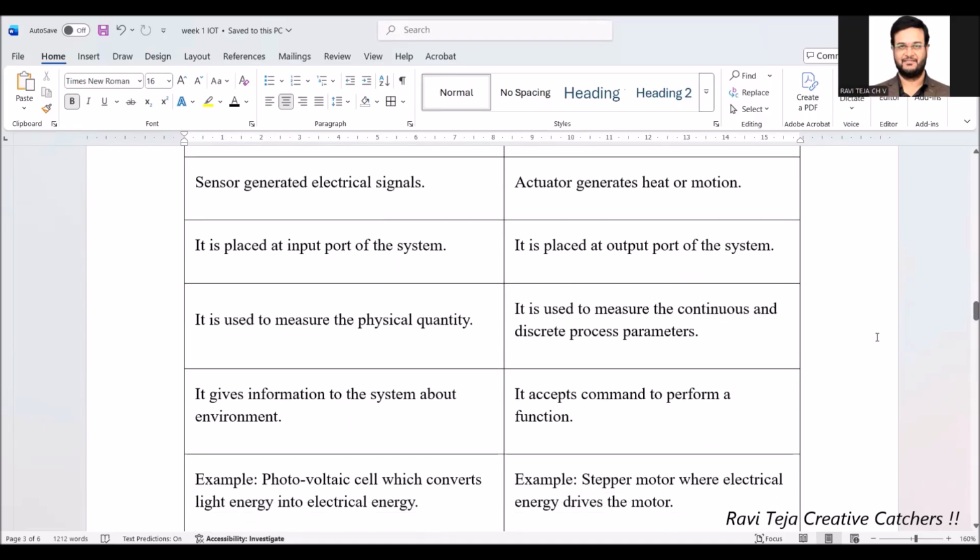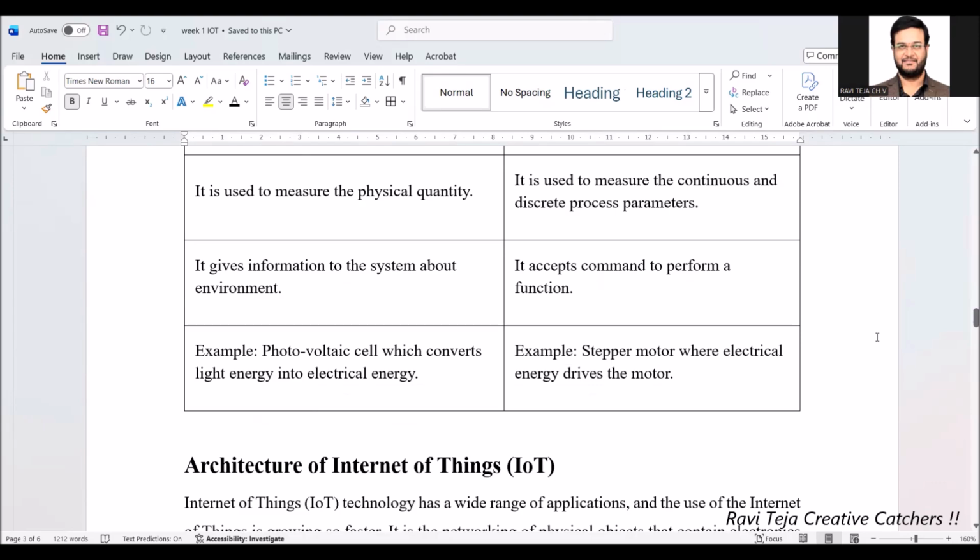The sensors give information to the system about the environment, and the actuator accepts commands to perform a function. It can be a controller or processor from which this actuator takes the input and performs the actions accordingly. Suppose you take the example of photovoltaic cells, which convert light energy into electrical energy.